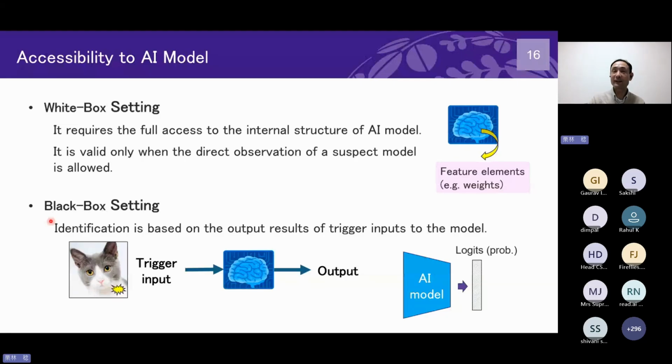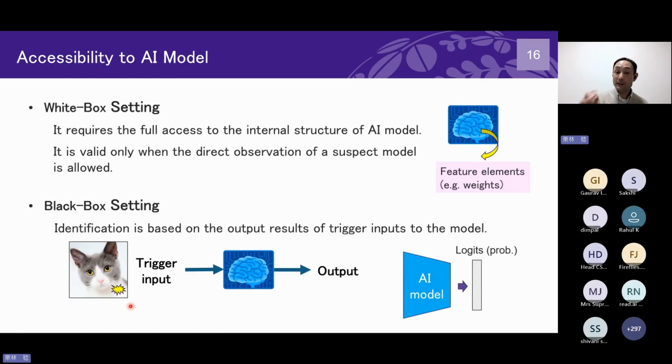For example, the AI model is deployed as a cloud server. In such a case, the owner tries to throw a query to the cloud server and receive the result. Then only input and output pairs are observed. According to the input and output pairs, the owner tries to check whether the model contains a watermark or not. In such a case, the owner prepares a certain trigger input.